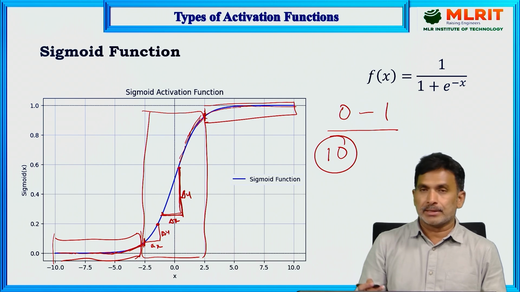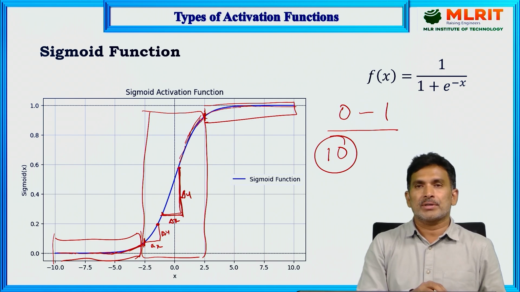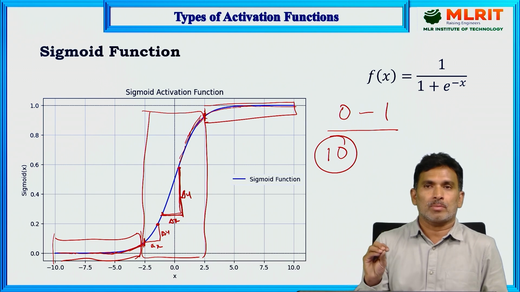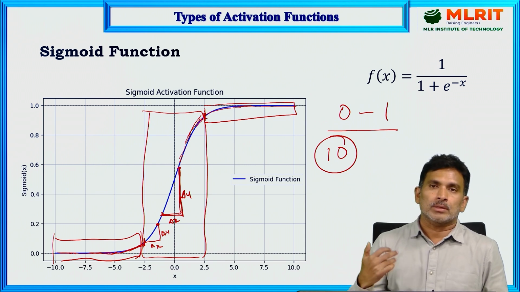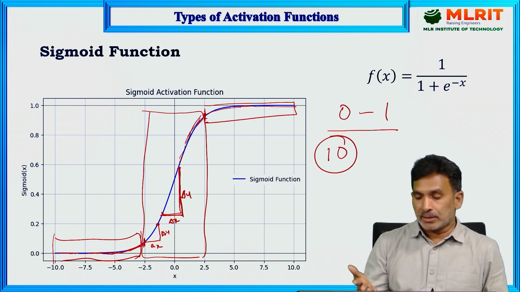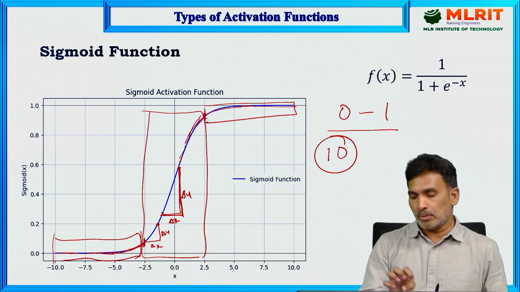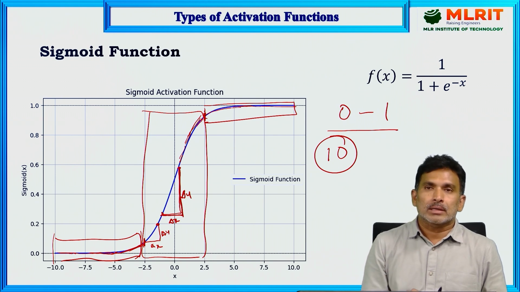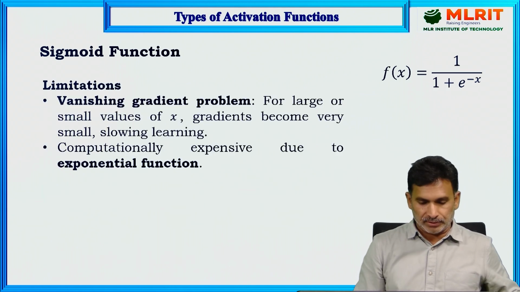For example, what is the probability that this data point belongs to class 1, and similarly for the remaining classes. Where the probability is higher, we decide that the data point belongs to that particular class. So for that kind of probability, the sigmoid activation function would be used.